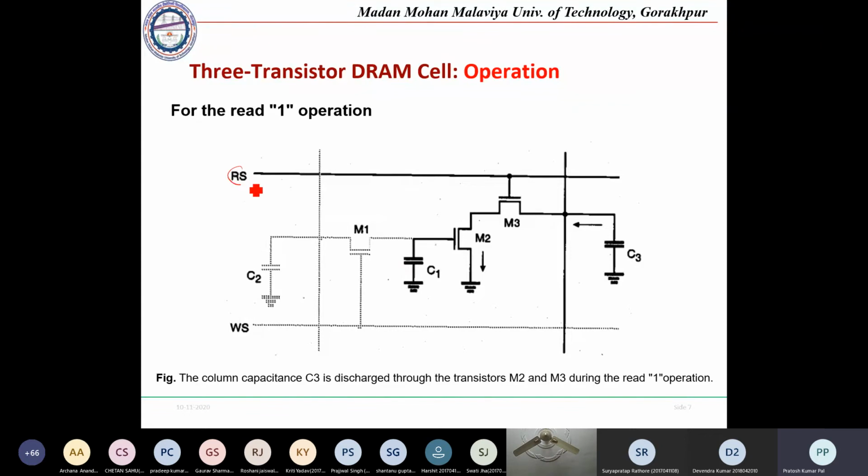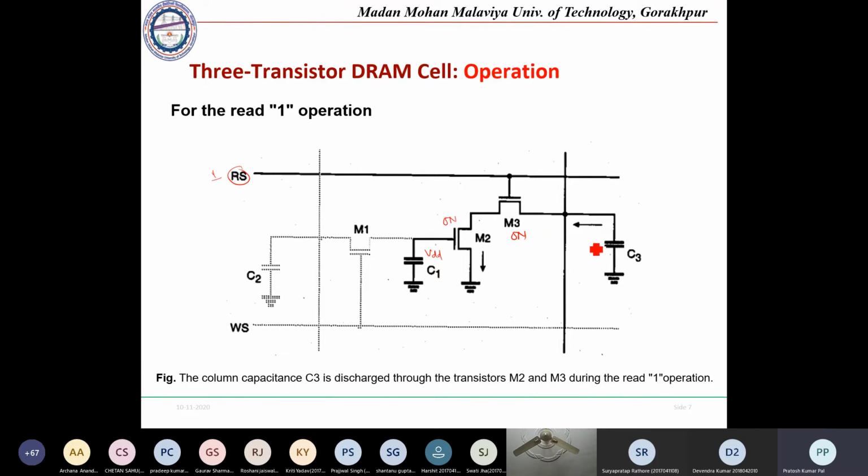Once read select is logic 1, it will turn on transistor M3, and C1 was the capacitor having the VDD value because it was charged initially. This charged value VDD will turn on the M2 transistor, so M2 will also be on.